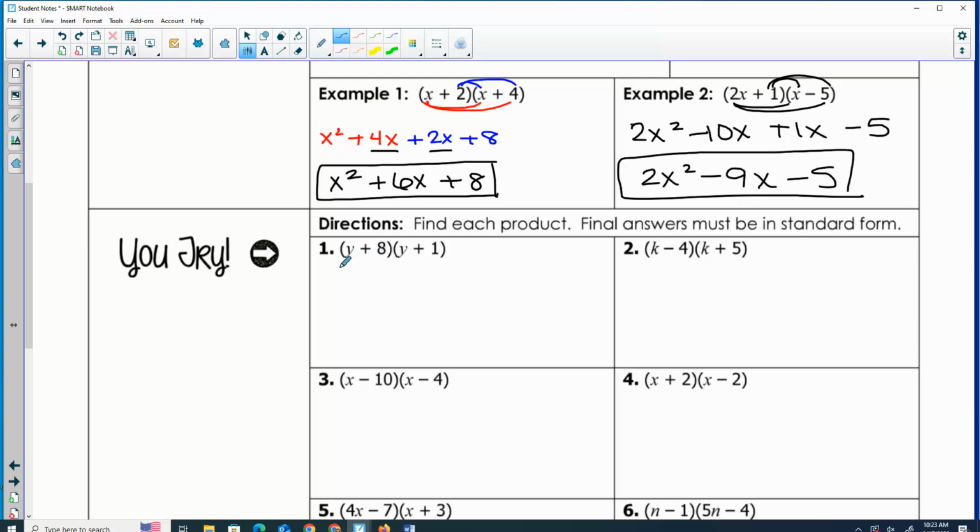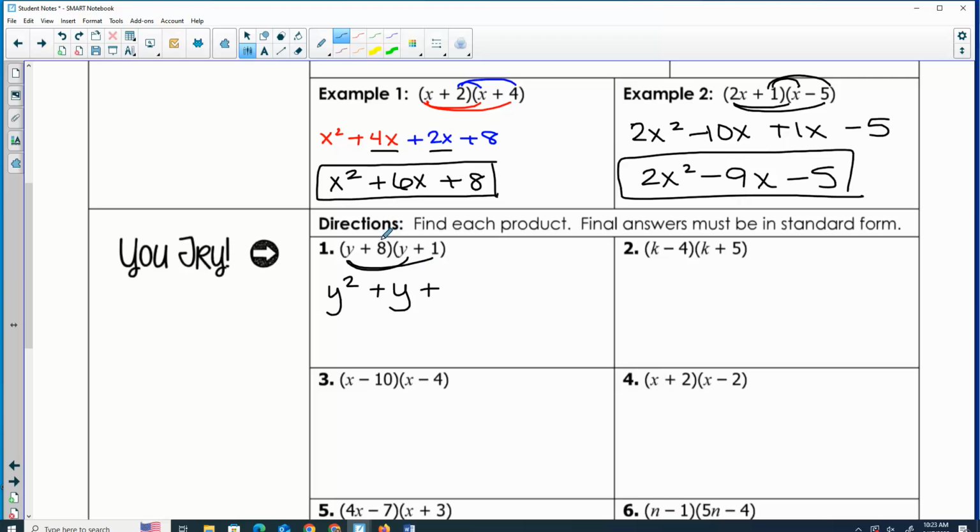So down here. FOIL. So first, Jetta, what's y times y? Blair, outside, what's y times 1? Y to the first, or 1 times y, however you want to write it.